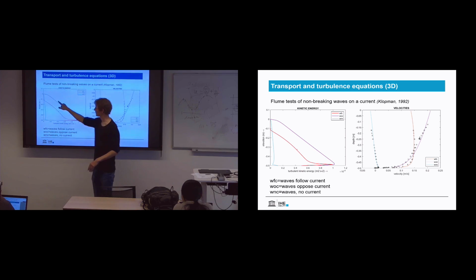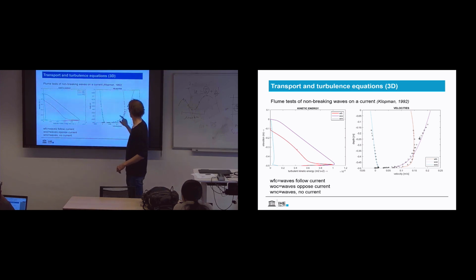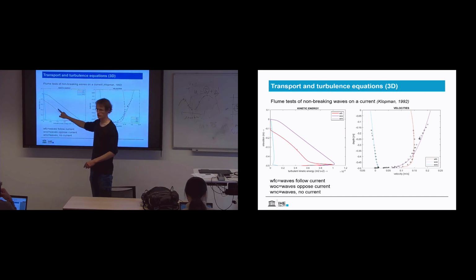That's what you see here. And that is bigger for an opposing current than for a following current. And you see that because the velocity profile here is almost straight up, and here it's sloping. So here the shear is big, and there the shear is almost zero. So this gives a lower kinetic energy than for the following current, but a higher kinetic energy for the opposing current.